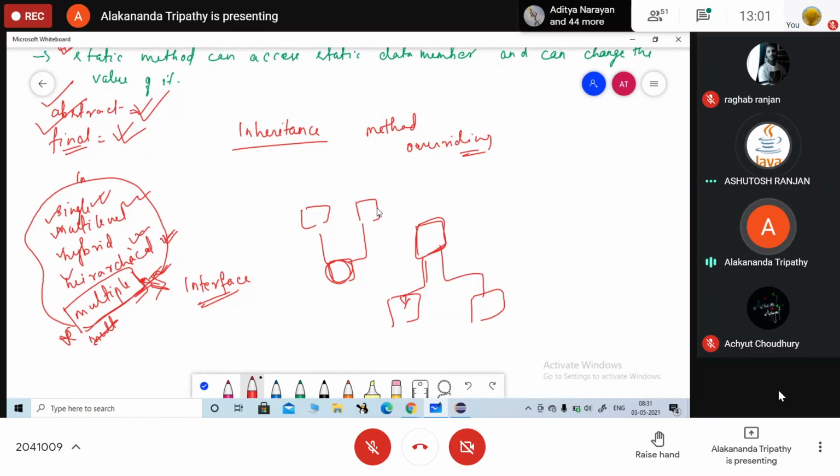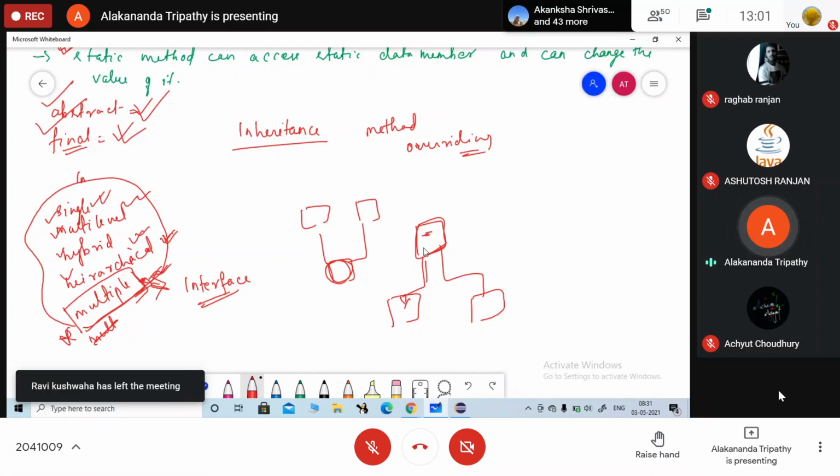So when a class is being inherited by a number of classes, तो ये क्लास का प्रॉपर्टीज क्या होता है? What is happening here? The properties of the class is present here and here.